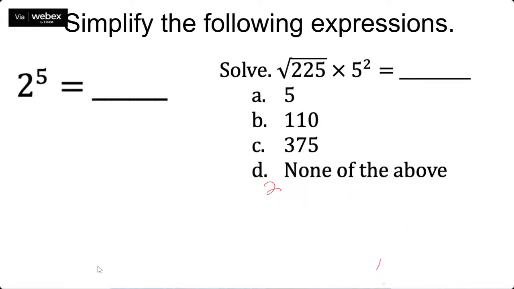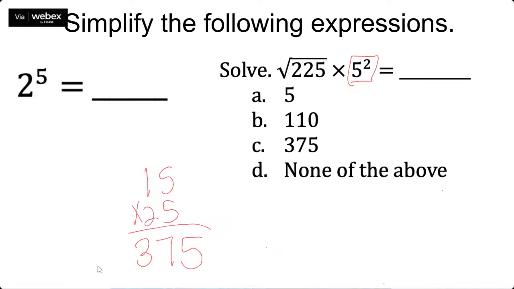I didn't even set it up right. Hold on. We have 5 squared. Okay. We have 15 times 25. There we go. Come on, Stephanie, train up a teacher in the right way. 15 times 25 is going to give us 375.